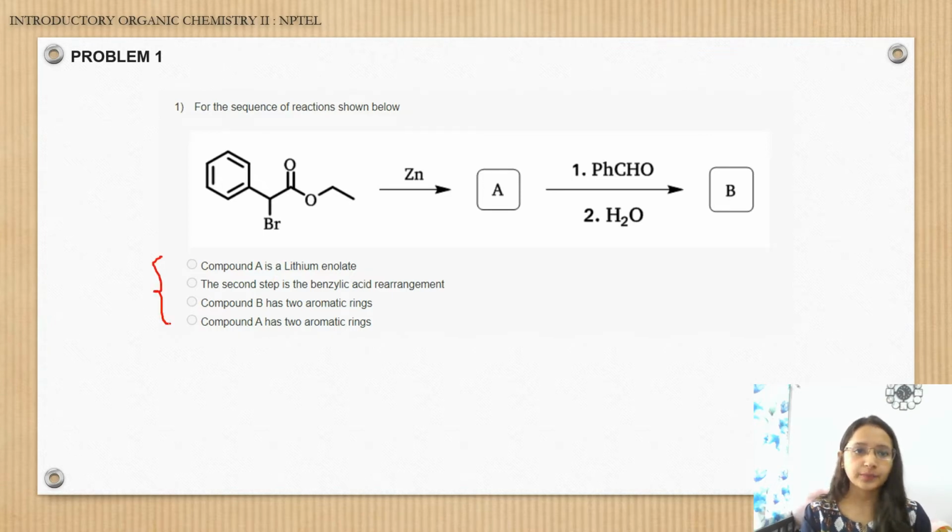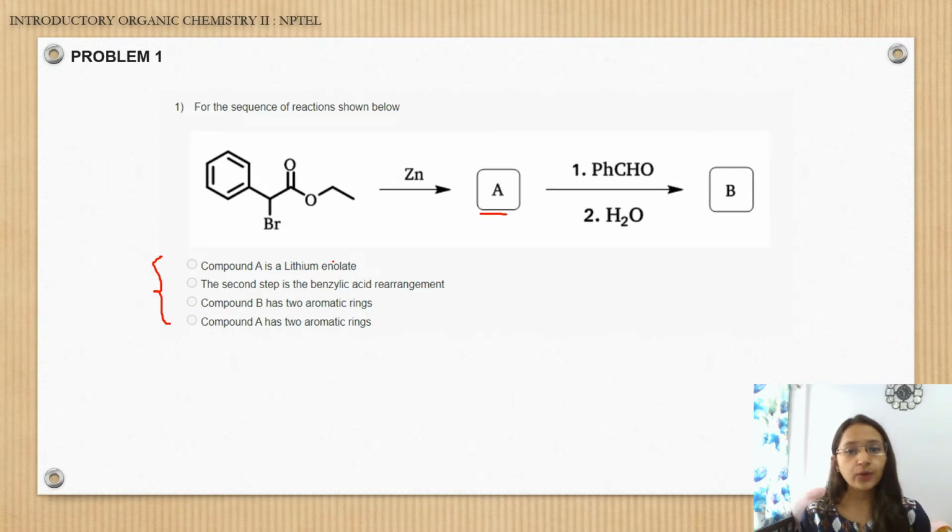Coming to the first option, they are saying that compound A is a lithium enolate. I told you in the previous lecture that if you have a ketone-based compound and treat it with LDA, a non-nucleophilic base, you generate a lithium enolate.